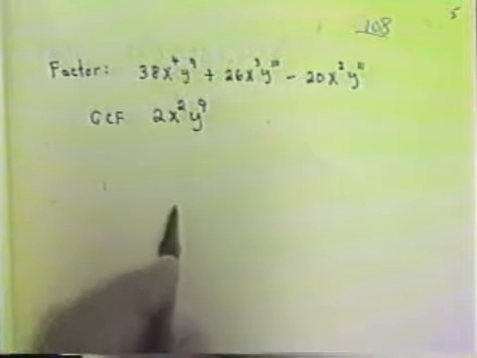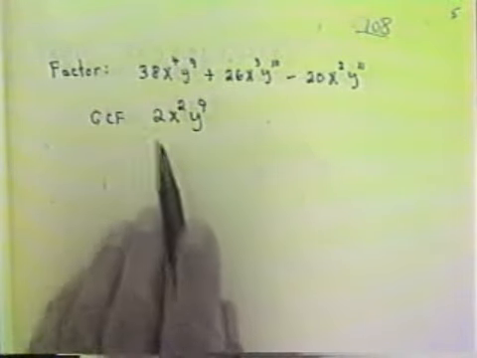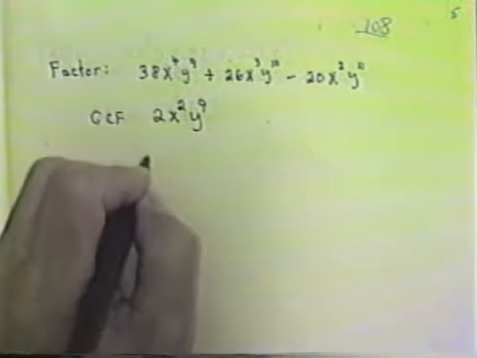To get my second factor, I divide the polynomial by my greatest common factor.